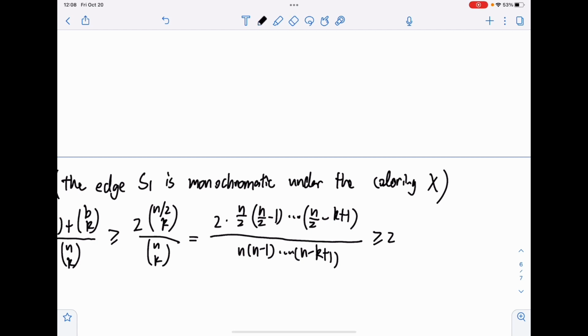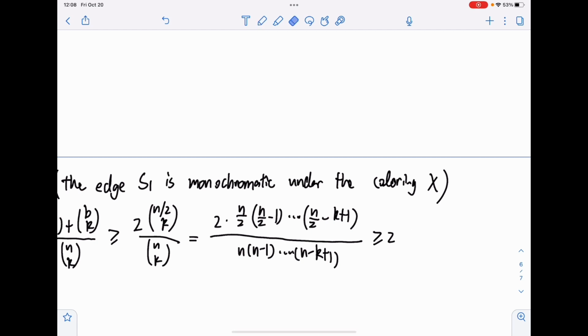And since the edges are chosen independently at random, then for any coloring chi, the probability that chi is a proper coloring is less than or equal to 1 minus this probability we got, constant times 2 to the power of minus k, to the power of m, which is less than or equal to e to the power of negative c times 2 to the power of negative k times m.